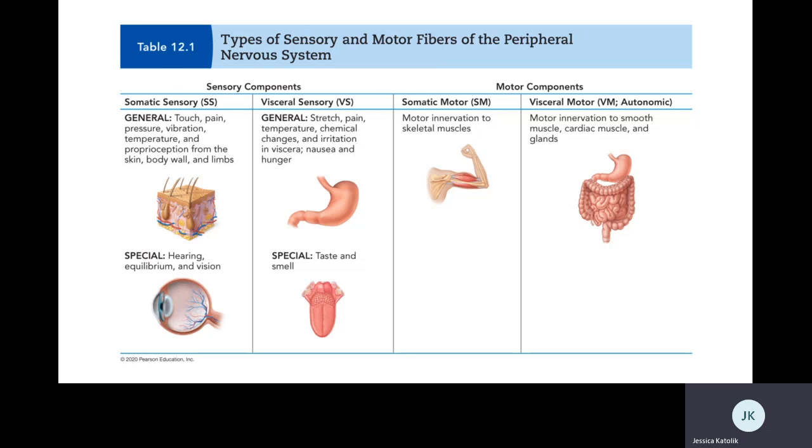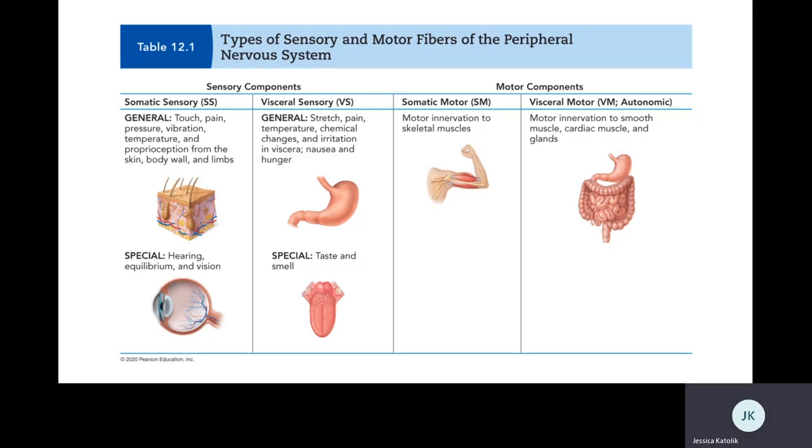We have somatic sensory fibers and visceral sensory fibers. Somatic is going to be found in areas like our muscles and our skin, while visceral is going to be things that are in our ventral cavity, like our digestive tract and our urinary tract.